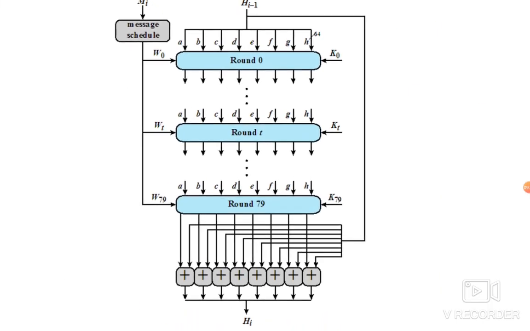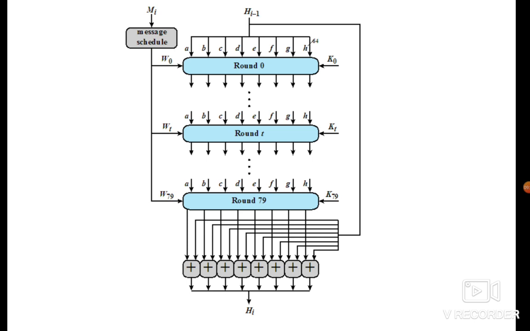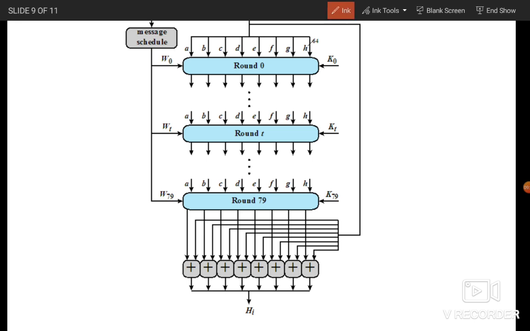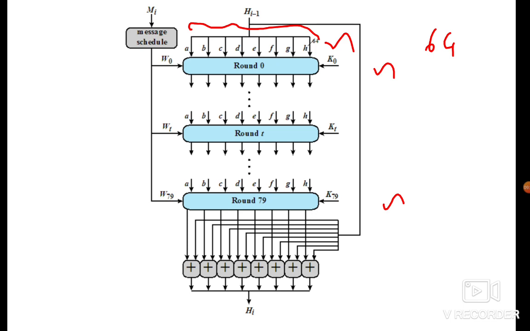Now we move on to the heart of the algorithm, the module F. As I told, it contains 80 steps, 80 rounds, 0 to 79, and it requires 8 buffers, each of length 64, A to H. In each and every round it updates the value of the buffer.